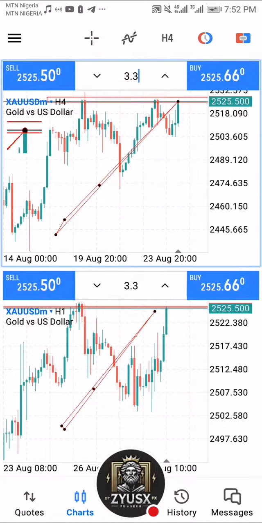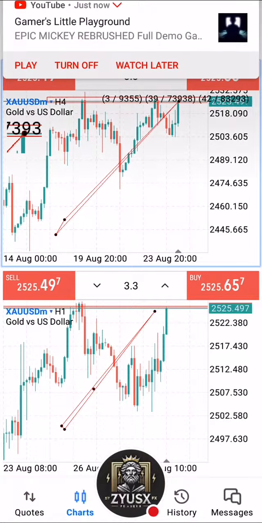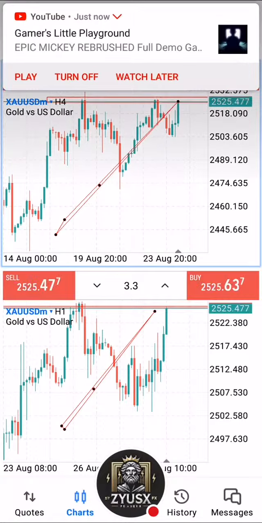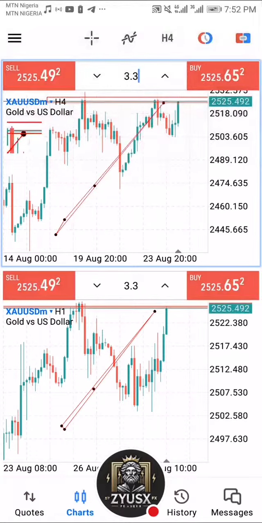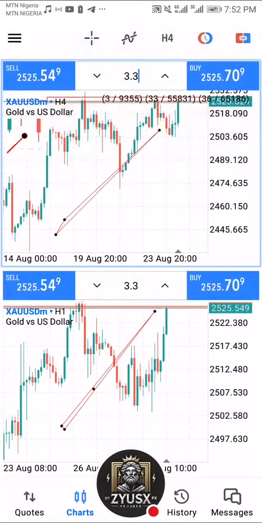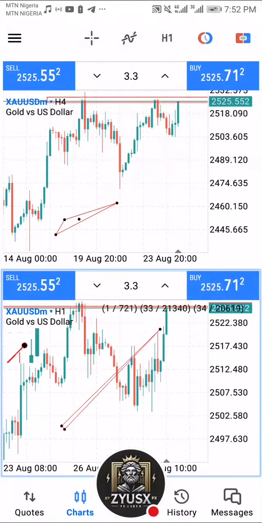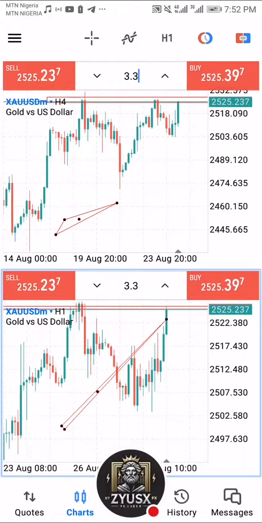But if the candle closes below the level or leaves a wick, that's a good sign that sellers are sitting around that area. So we'll just wait for this 1 hour candle to close, and let's see what happens.